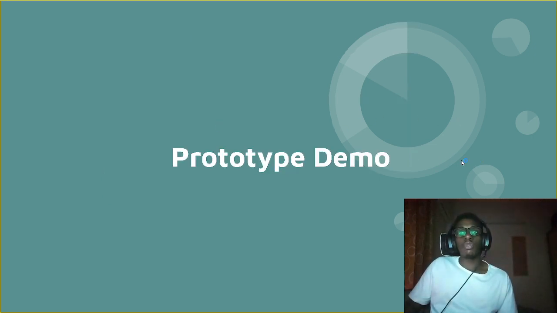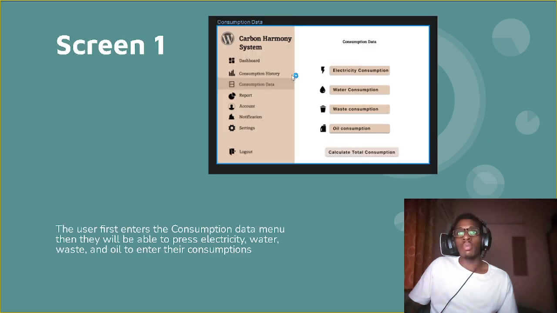And now for the prototype demo. Okay, so for screen 1, which is the consumption data menu, when the user clicks on the consumption data menu, you can see electricity consumption, water consumption, waste consumption, and oil consumption.